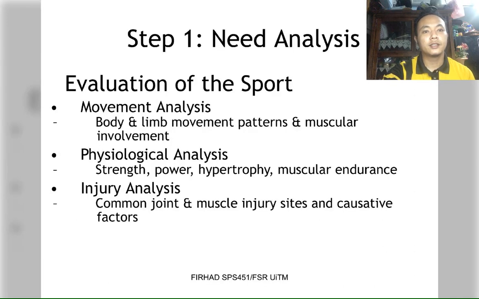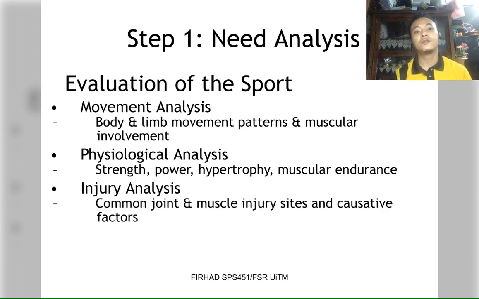Step 1 is need analysis. When we talk about need analysis, there are 2 points that you must remember. The first one is evaluation of the sport, and number 2 is assessment of the athlete. We go to evaluation of the sport. There are 3 points here. The first one is movement analysis, which is your body and limb movement pattern and muscular involvement related to your sport.